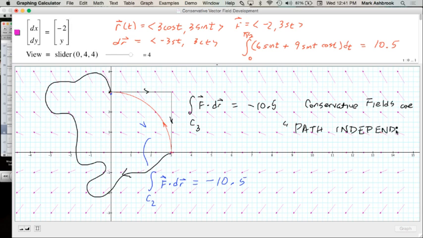Path independent means that given a starting point and an ending point in a conservative field, no matter how you get from A to B, it'll be the same amount of work. It'll be the same line integral from A to B if A and B don't change. As soon as you change A and B, you get a different line integral. But with the same starting and ending point, every path gives the same line integral.